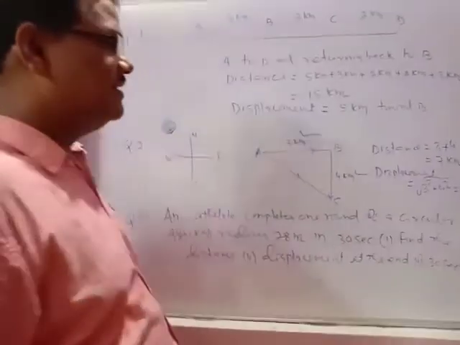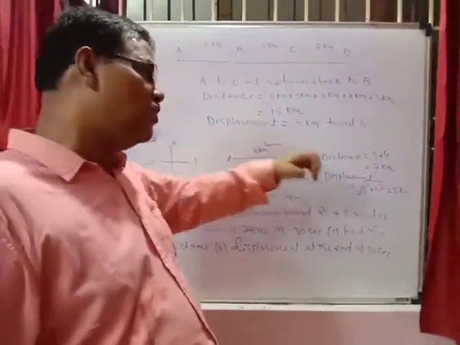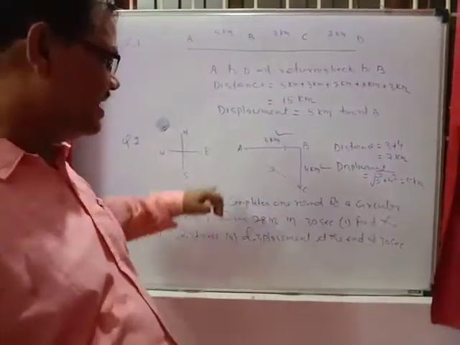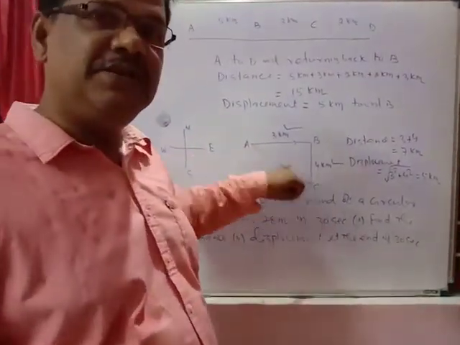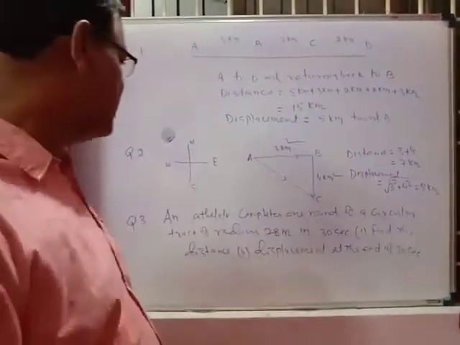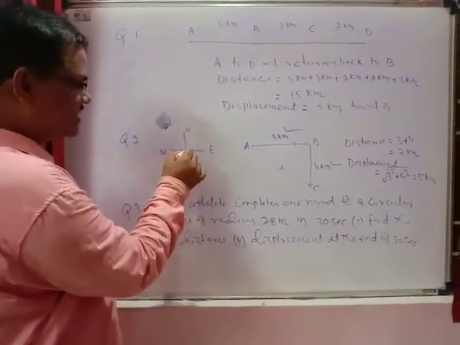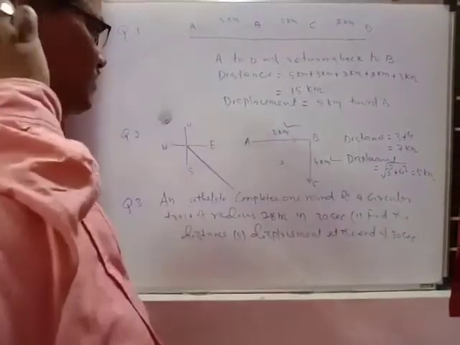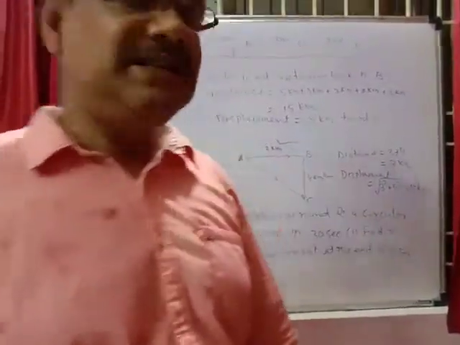One thing is that in case of distance the direction is not required, but in case of displacement we have to give the direction. The direction is along AC. You can say along AC or along the southeast direction. Okay, that is all about distance and displacement.